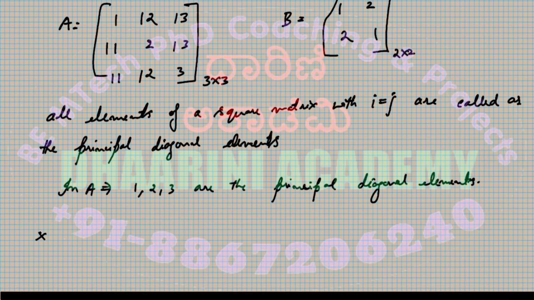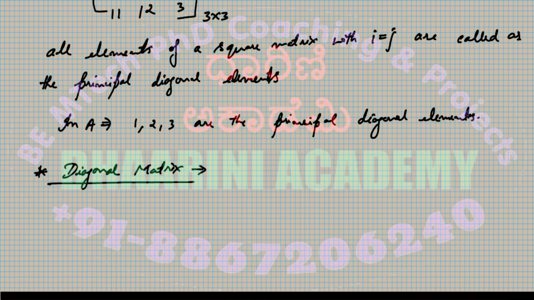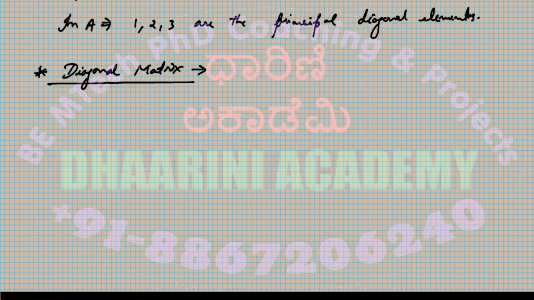The next one is called as the diagonal matrix. All right, let's check this matrix, right? Any square matrix, it has to be a square matrix at first.